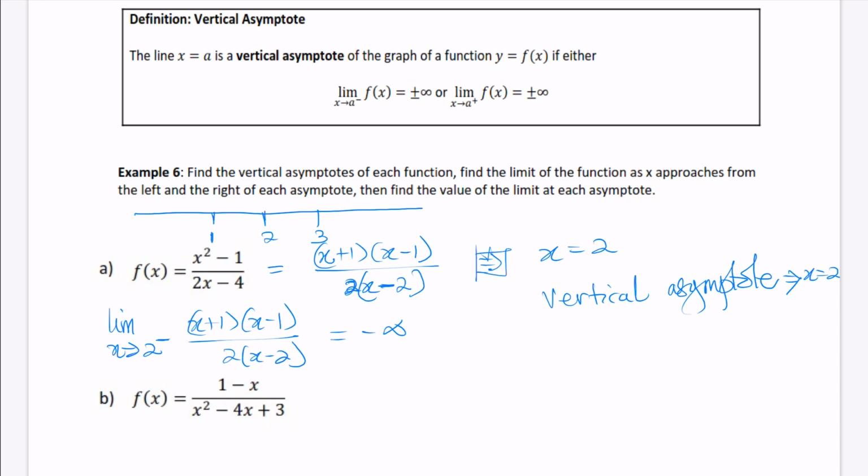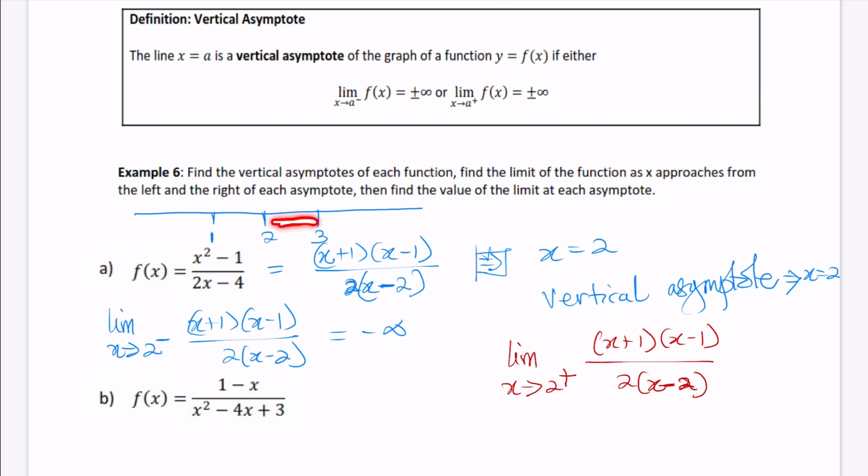And now let's find the limit as x approaches 2 from the right of (x plus 1) times (x minus 1) divided by 2 times (x minus 2). Clearly, we're going to use the same approach.